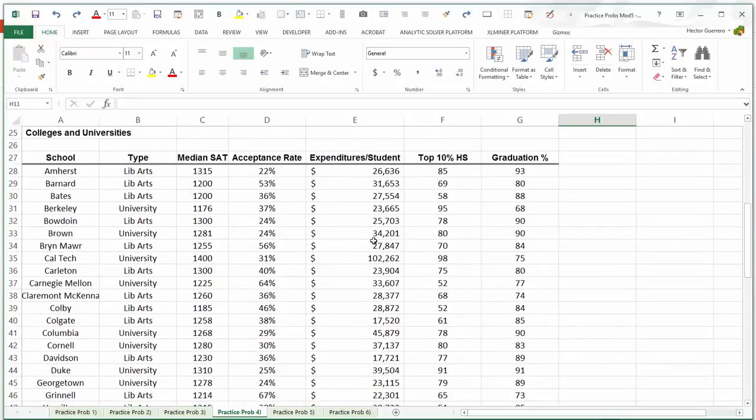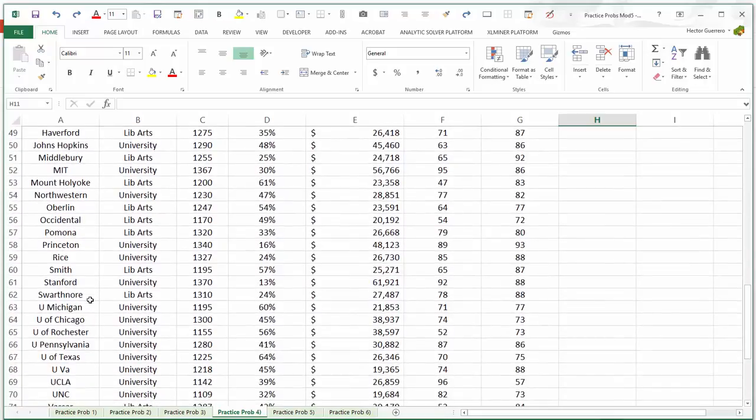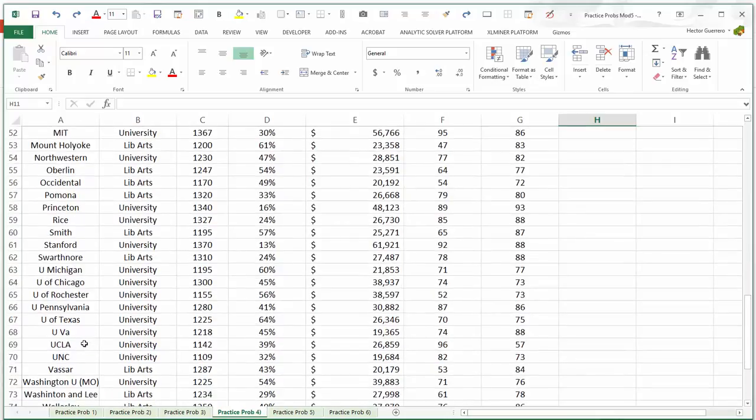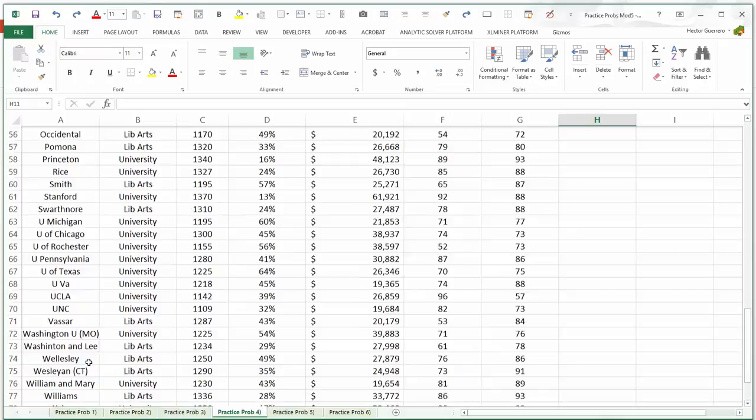These are well-known schools: Amherst, Barnard, Carnegie Mellon, Columbia, Northwestern, Middlebury, Stanford, Smith, Rice, University of Texas, my old alma mater, love that place, Washington and Lee here in Virginia, University of Virginia, and William and Mary.